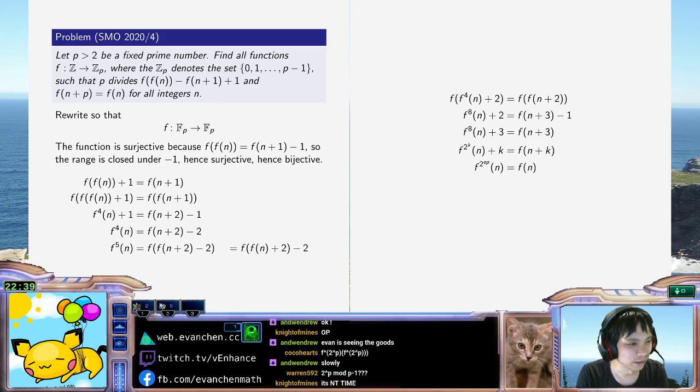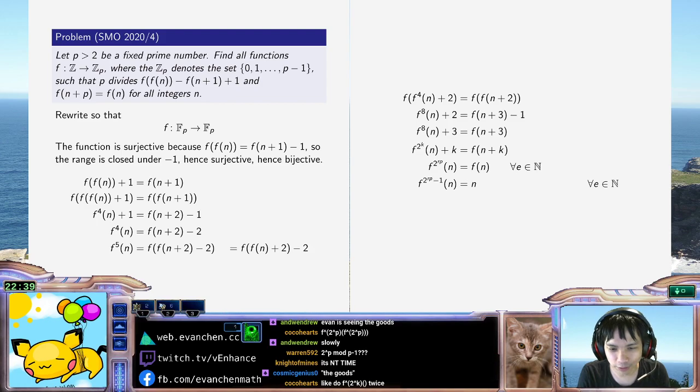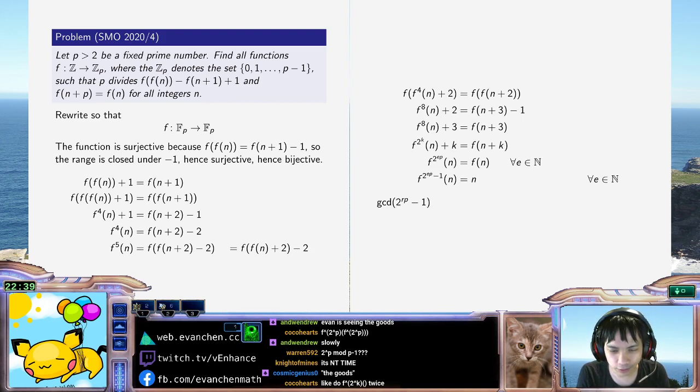And then, okay, so what is the GCD of 2 to the rp minus 1 across all integers r? Sorry, let's keep using e. So this GCD across all e is literally just 2 to the p minus 1. Okay, so that's not very helpful. Actually, it says something. All periods divide 2 to the p minus 1.